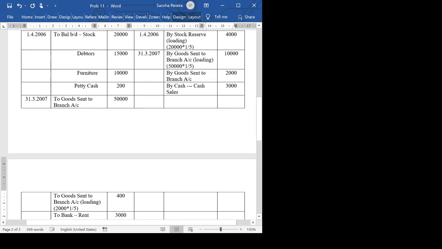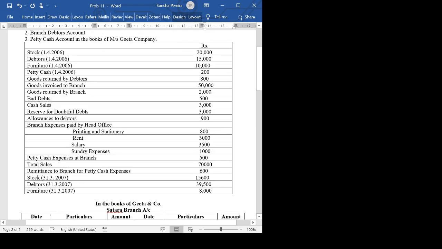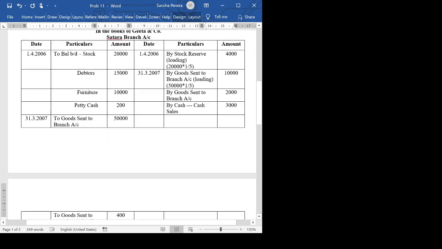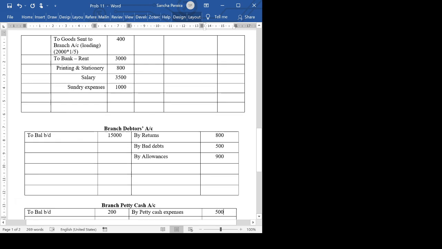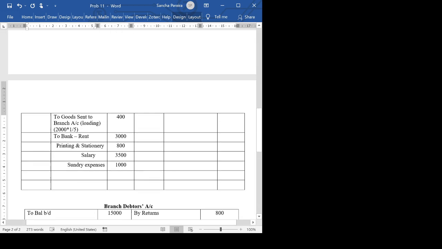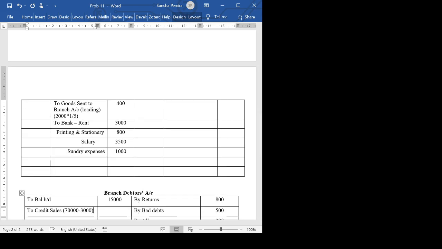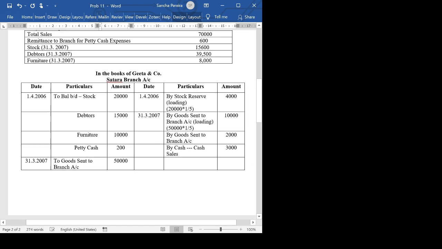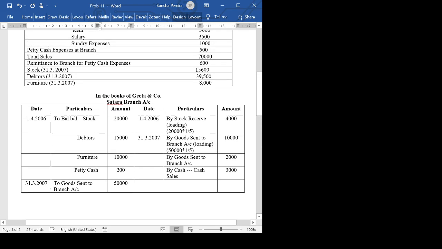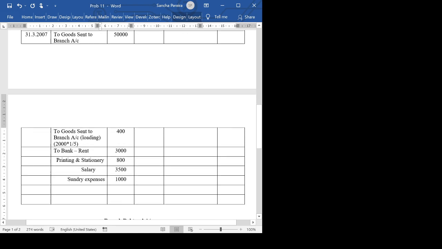Then we have total sales 70,000. So we'll have to find out the credit sales. To credit sales, that is 70,000 minus, I think cash sales are 3,000. So this comes to 67,000. And remittances to branch for petty cash expenses will come twice, 600.